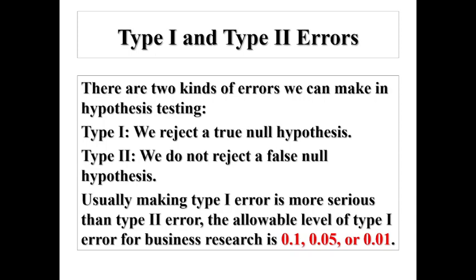Because my purpose, the jury's purpose, is not to prove A is innocent. They want to prove whether A is not innocent. And maybe there's no sufficient evidence to show A is not innocent. Therefore, I do not reject A is innocent.